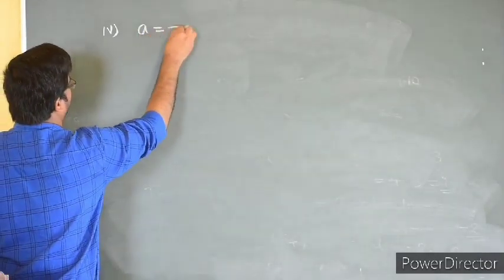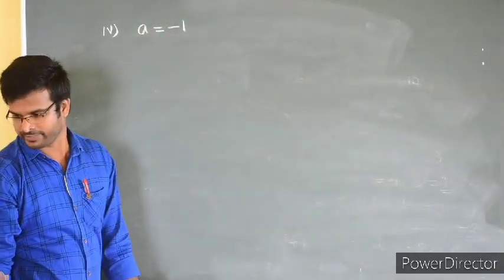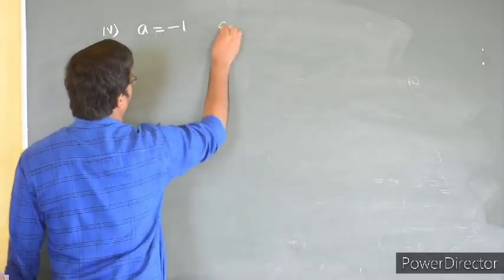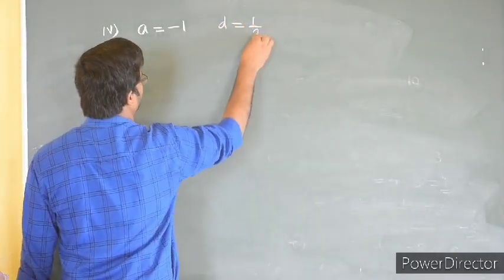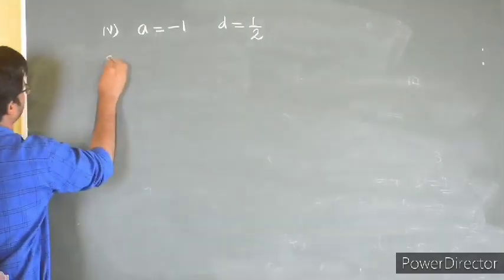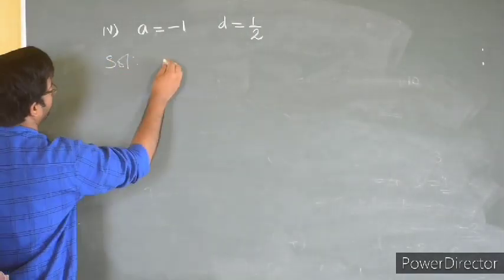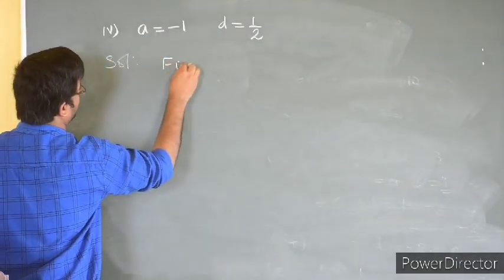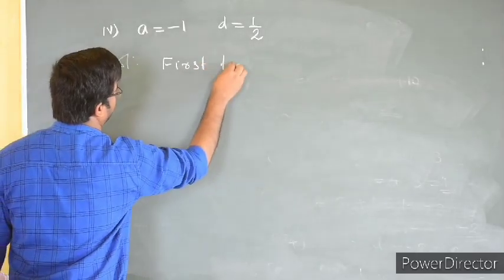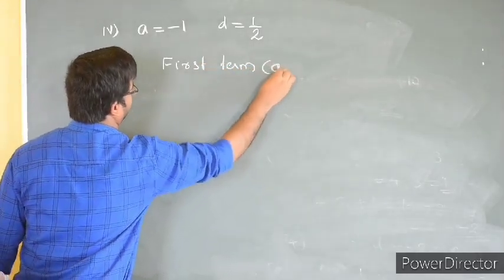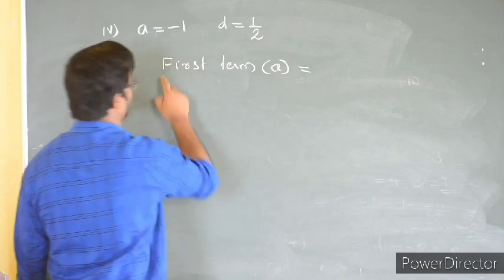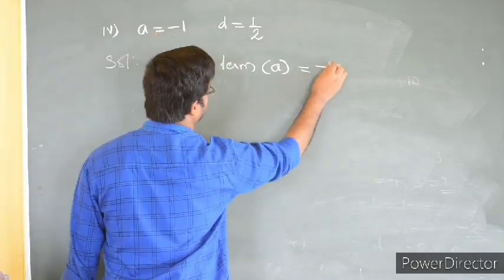Already given A equal to minus 1, D equal to 1 by 2. Solution. First term, that is A, A already given in the question, that is minus 1.